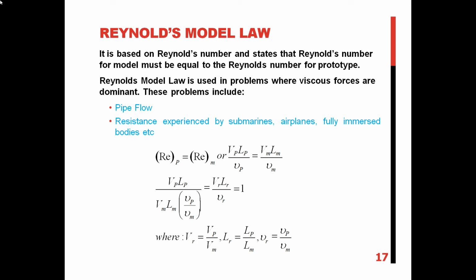So just substituting the values, Vp Lp divided by nu p is equal to Vm Lm divided by nu m. So substituting it, Vp Lp divided by Vm Lm into nu p by nu m is equal to Vr into Lr divided by nu r, that is the ratio, which is equal to 1.